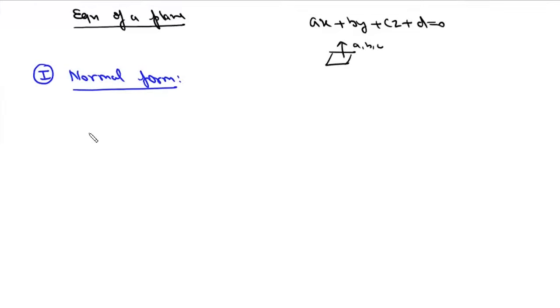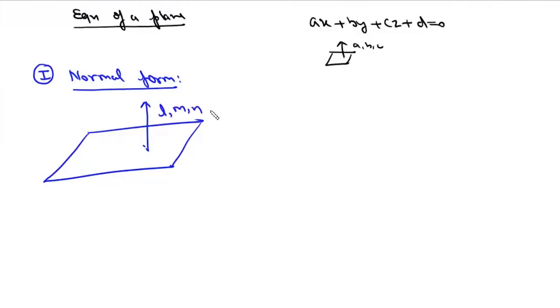In the normal form, what we are given is the direction cosines of the normal, L, M and N, and we are also given the perpendicular distance from the origin, say D. Now any general point on this plane we can write as XYZ.